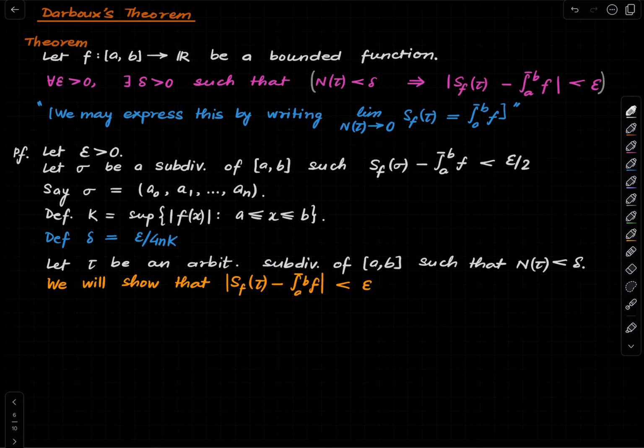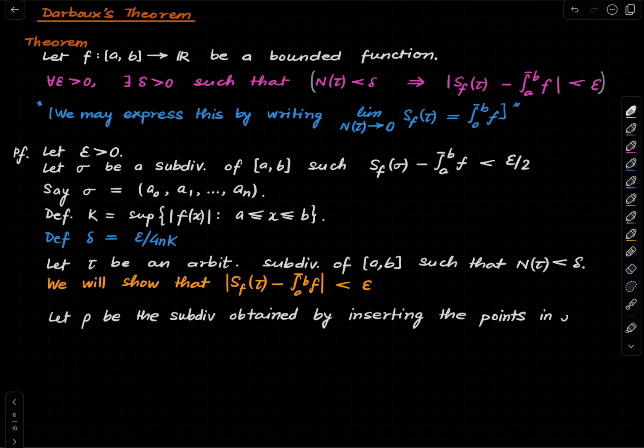So the thing is, sigma or the upper sum corresponding to sigma is an approximation to the upper integral. Let us take a refined version of sigma, or maybe better to say it's a refined version of tau. So define rho to be the subdivision obtained by inserting the points in sigma into tau.